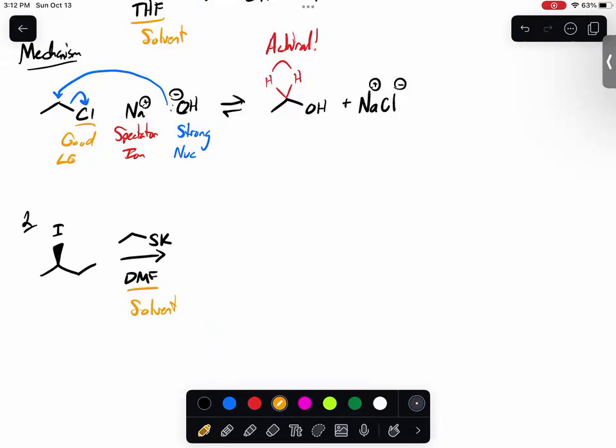We then have over on this side a secondary carbon that has the iodide attached to it, right? So this is a secondary alkyl iodide. We know the iodine is a good leaving group. And then looking at our sulfur containing reagent, it's an S minus with a K plus, and we know that S minus is a strong nucleophile.